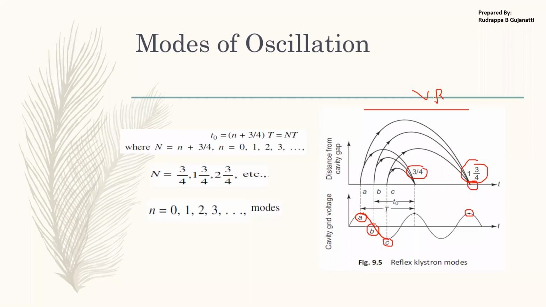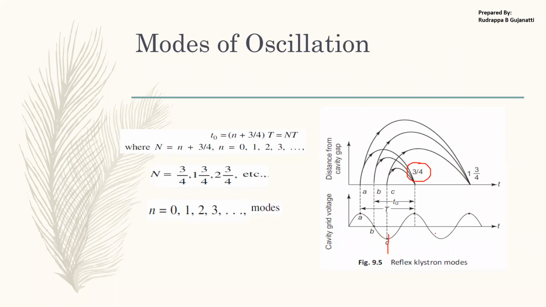Now, if I consider a repeller, when it repels back, the interactions are possible. That is bunching. Bunching can happen during this value, any point you consider on this. But if I start from the positive peak, which will have the maximum value, generally I'm not able to get the bunching in this mode.